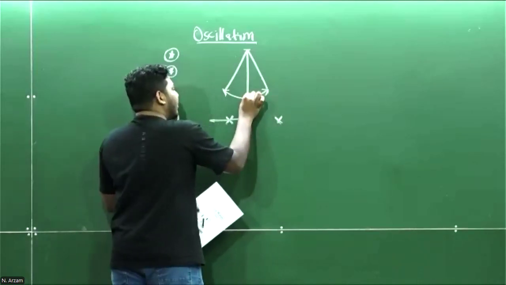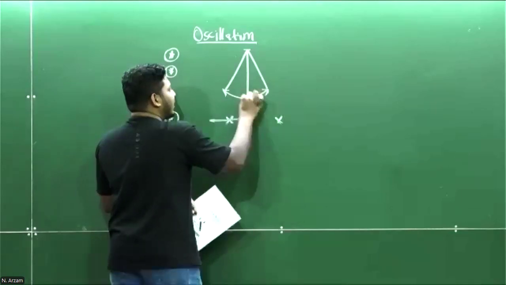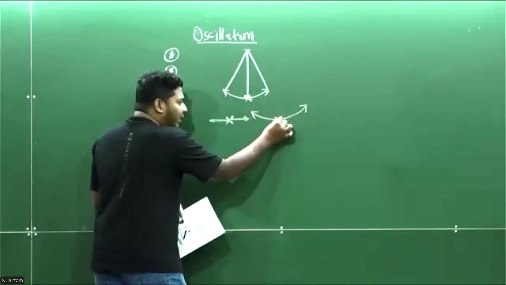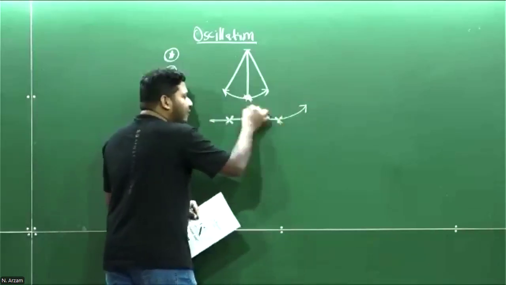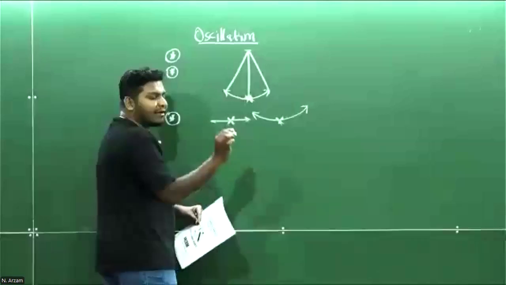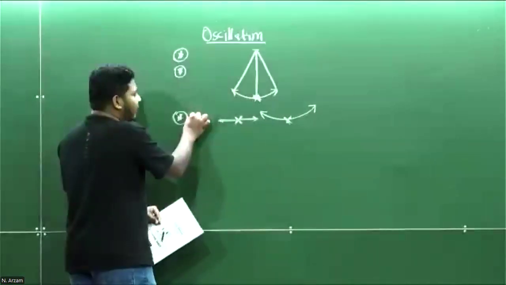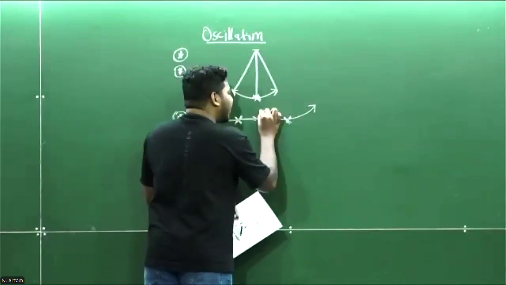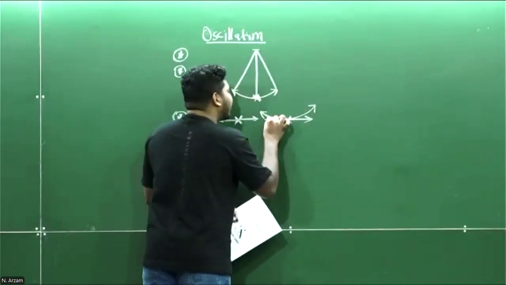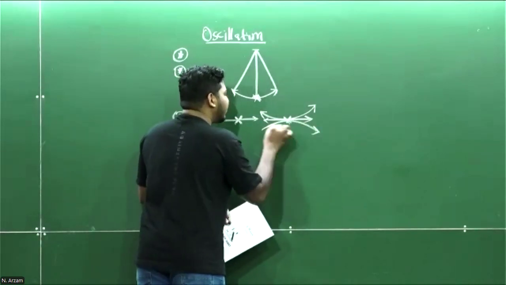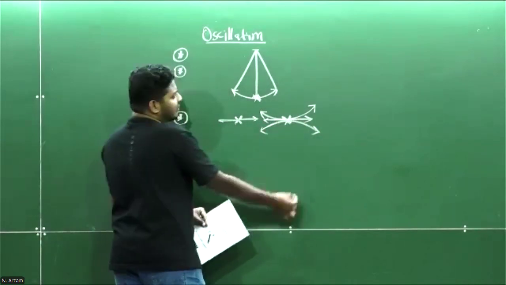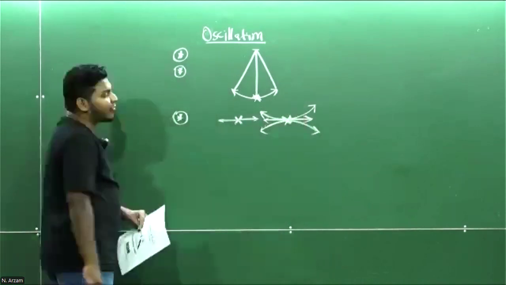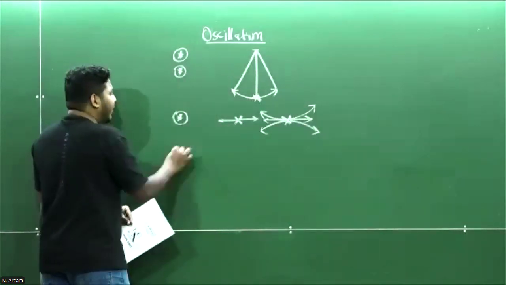When the simple pendulum is moving, it moves like this. So there is a fixed point, and it moves back and forth within the same time period. This is known as oscillatory motion. It should be something like this, or this, or this. There should be a fixed point and it should move back and forth. That is the important note here.